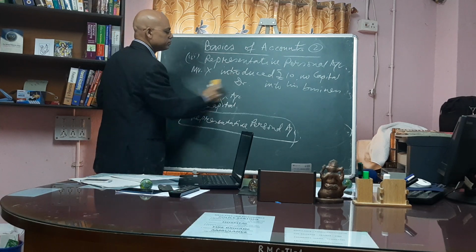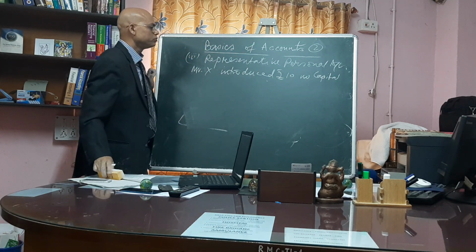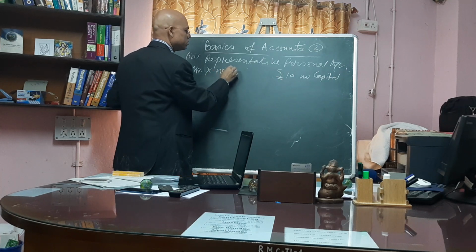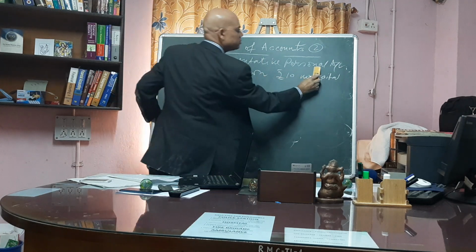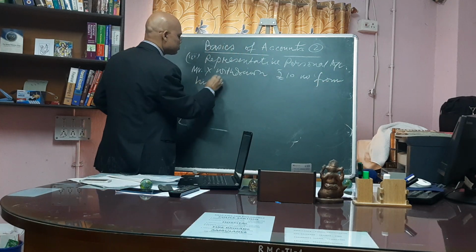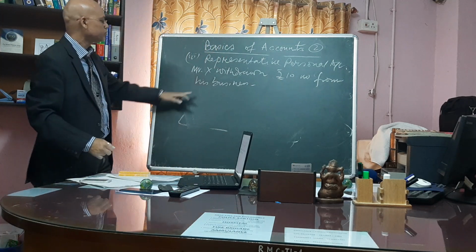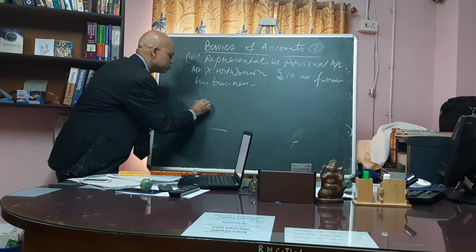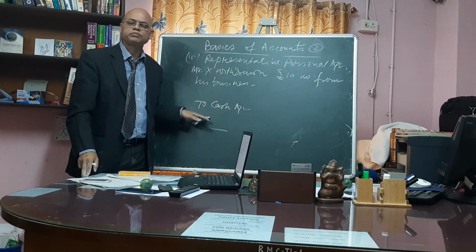Similarly, suppose Mr. X withdrew rupees 10,000 from his business. Then cash has gone out, so cash account is credited as per the rule of real account.